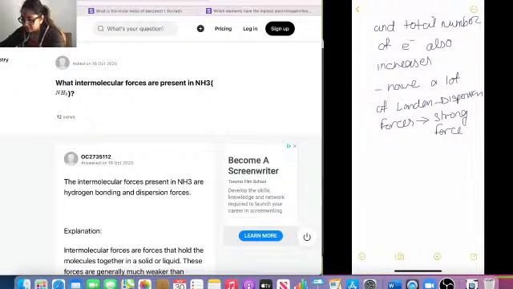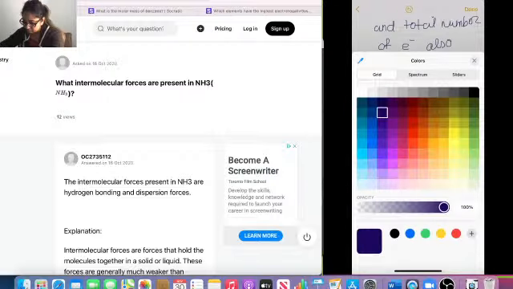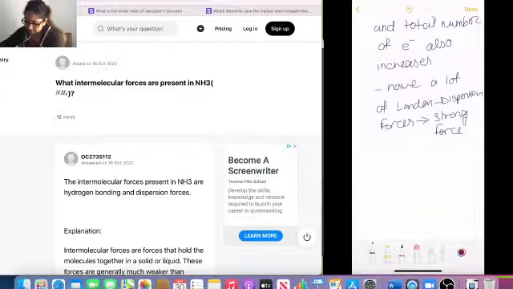Okay, and now in this problem, it is asked to determine what are the intermolecular forces present in ammonia, which is NH3. And so if you have NH3, you can see that we have hydrogens present in ammonia.